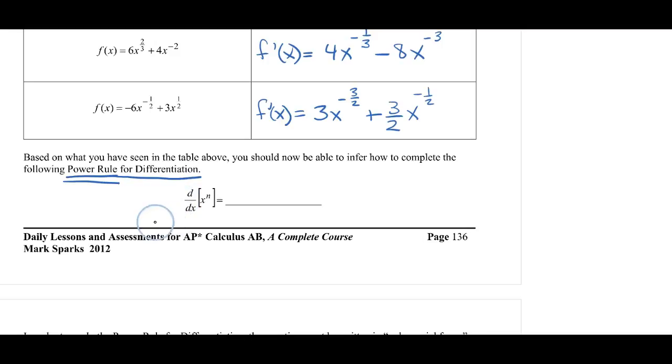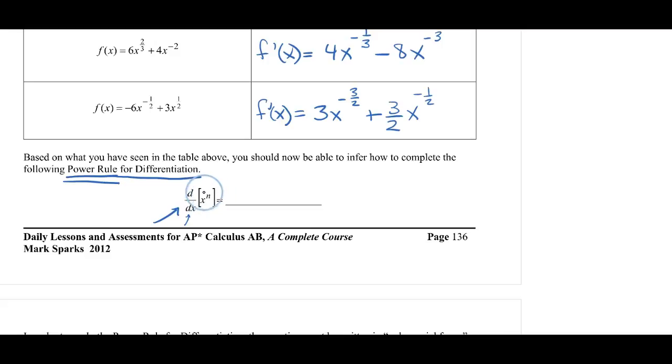This notation right here, d dx, says I'm taking the derivative of, specifically with respect to x. So we use this for now just when we're working with functions written in terms of x.